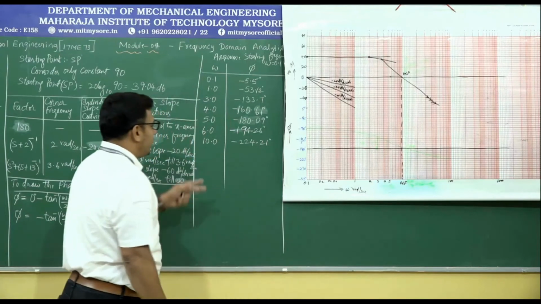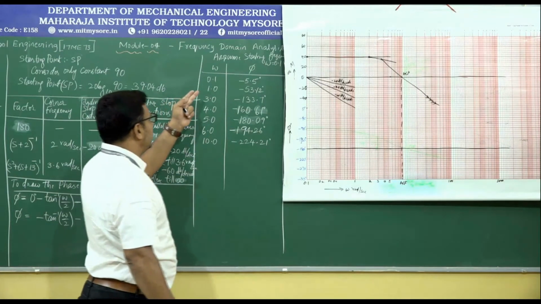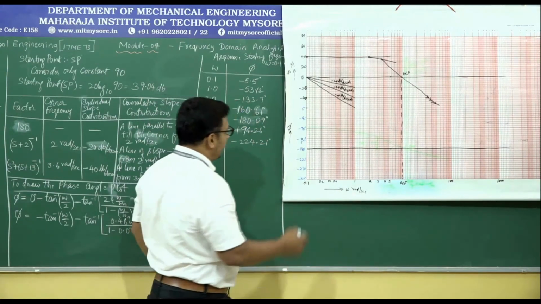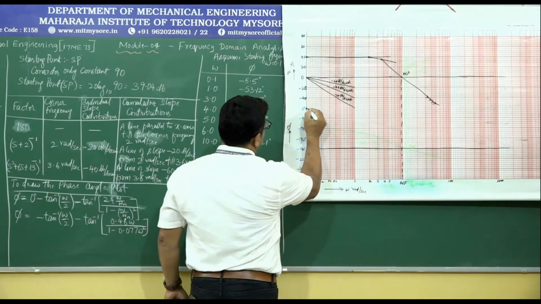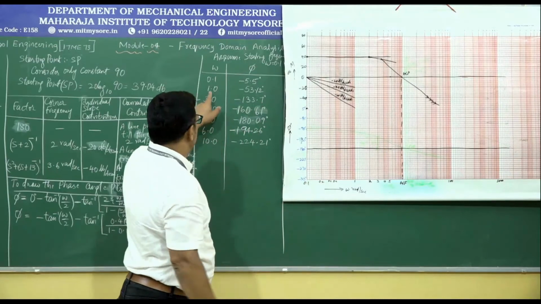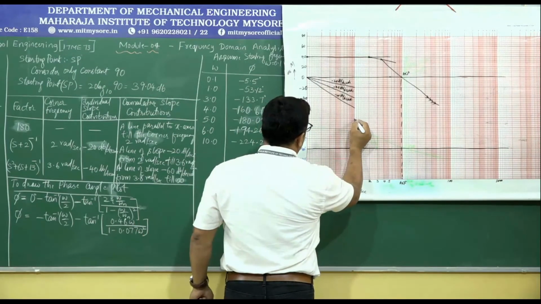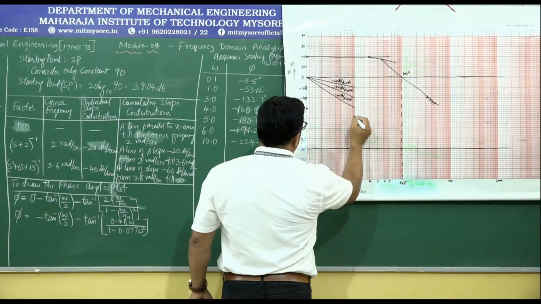Now, once I have marked it, let me mark the various phase angles. At 0.1 omega, it is minus 5.5, it will be somewhere here. Then at 1 radian per second, it is minus 53. So, at 1 radian per second is here, minus 45, minus 53 will be somewhere here.